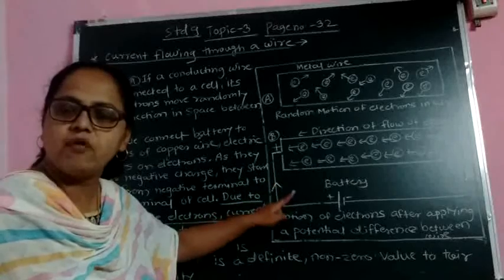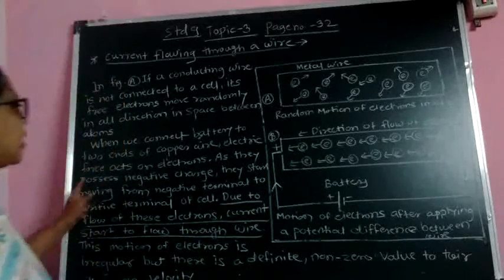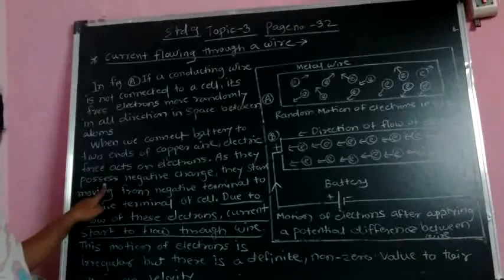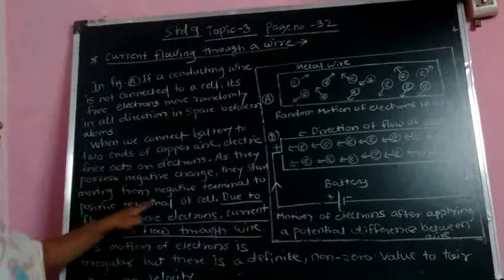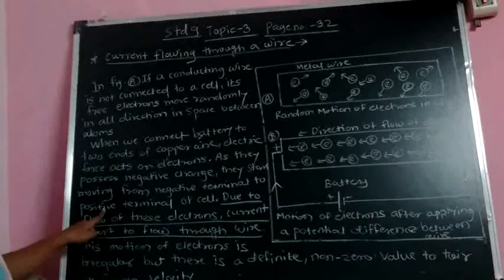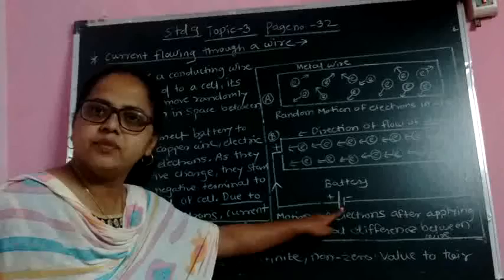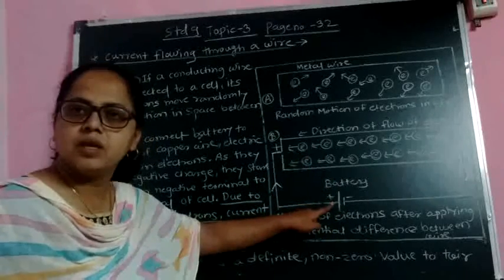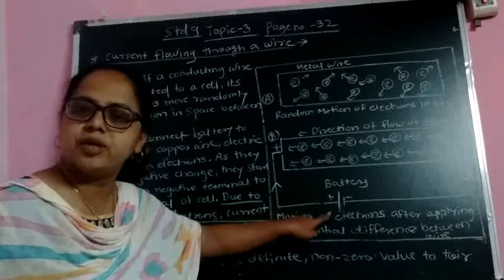As an electron possesses negative charge, it starts moving from the negative terminal to the positive terminal of the cell. That is, electrons move from the negative terminal of the battery to the positive terminal.